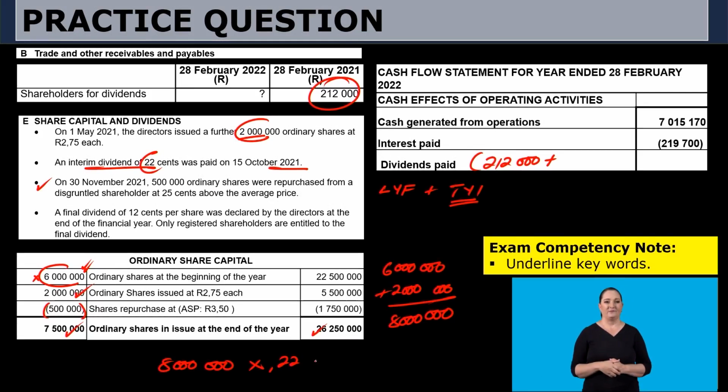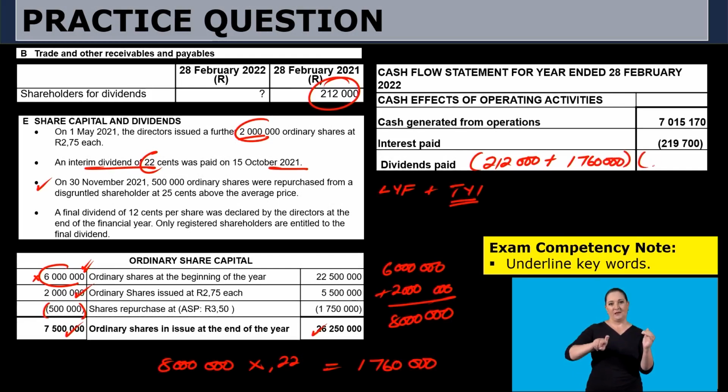And then it gives you 1,760,000. So I'll come here, then I'll say plus 1,760,000. And then I'll get my final amount for the dividends paid, which on your calculator is going to be 1,972,000. That becomes the dividends paid.